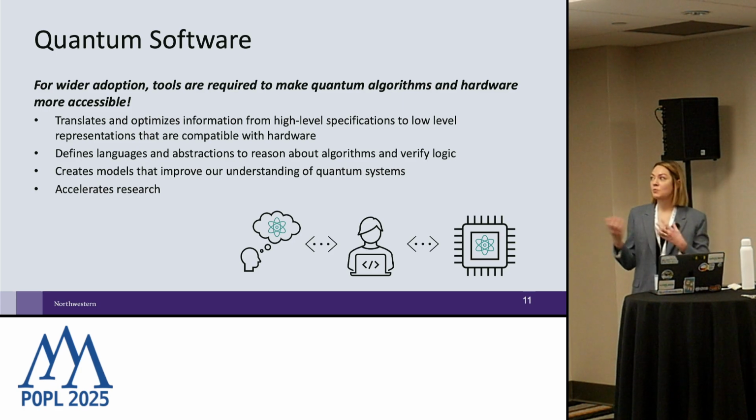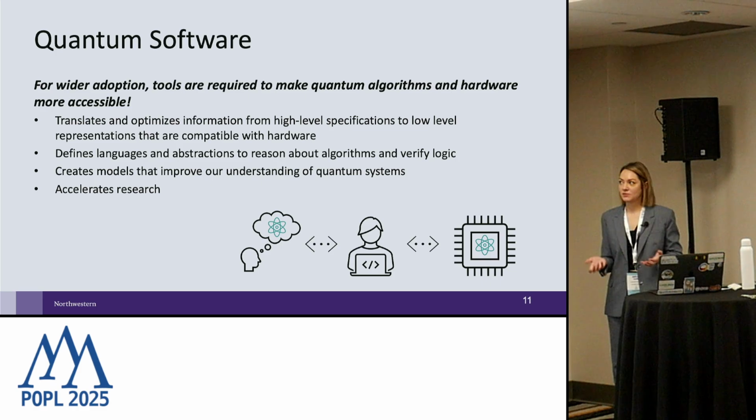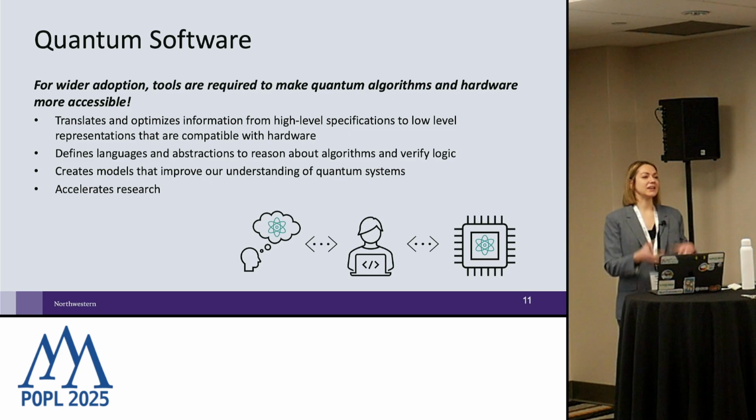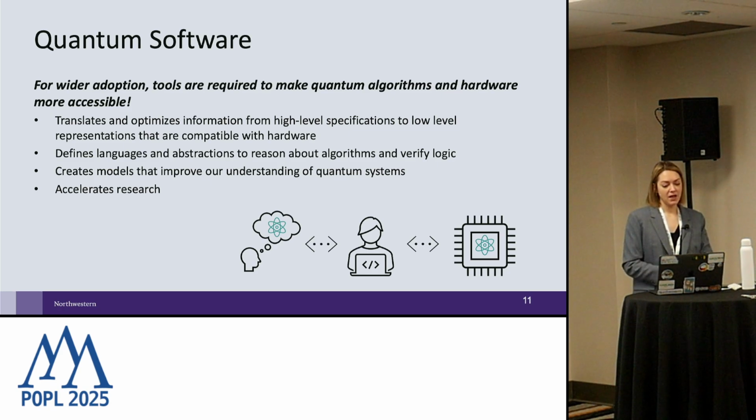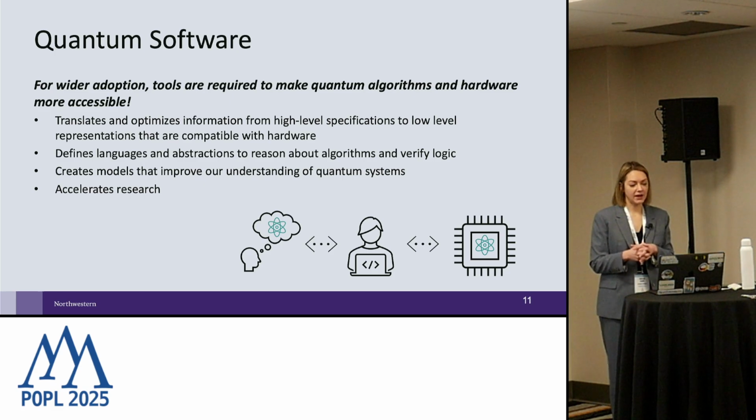And at the end of the day, why quantum software? Quantum is an emerging technology, and for wider adoption, we need tools that get people closer to the hardware. There's a huge gap between these conceptual ideas and hardware that exists today, and software will help us close that gap.